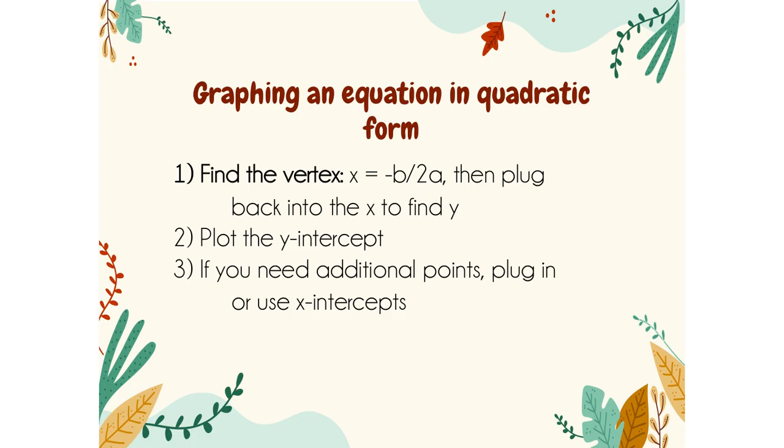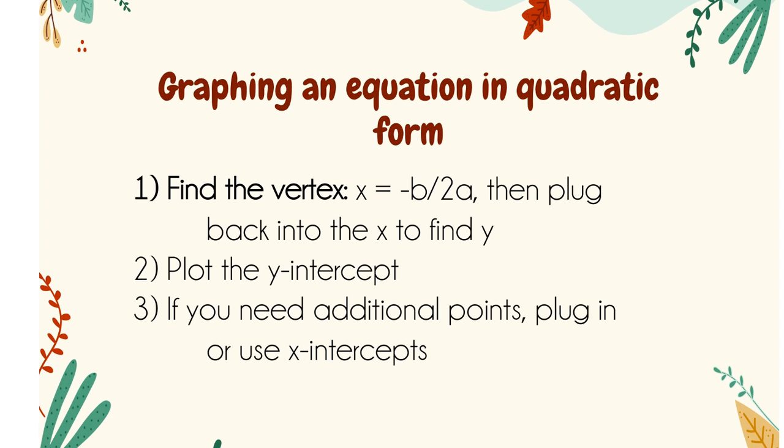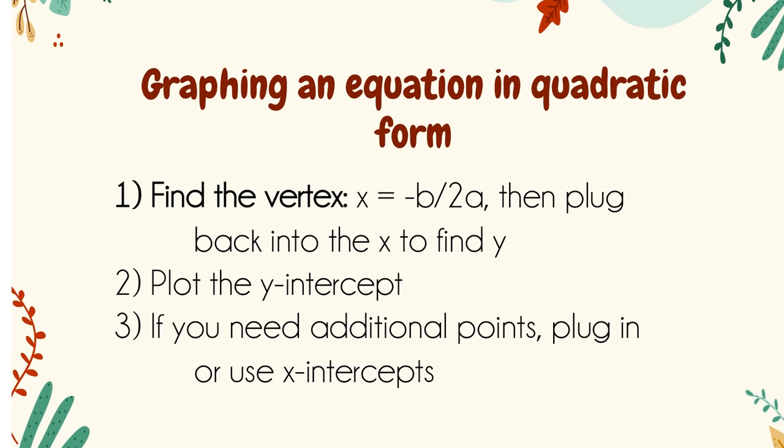All right, looking at graphing an equation in quadratic form. How are we graphing in quadratic form? Find your vertex. In the last slide, the vertex is (h, k). You still have an x and a y. h is represented as your x, k is represented as your y for your vertex, and the vertex is written as an ordered pair, so just make sure you remember that.